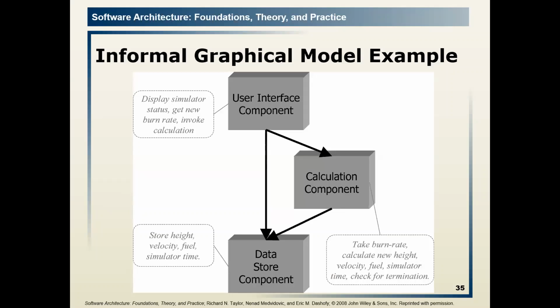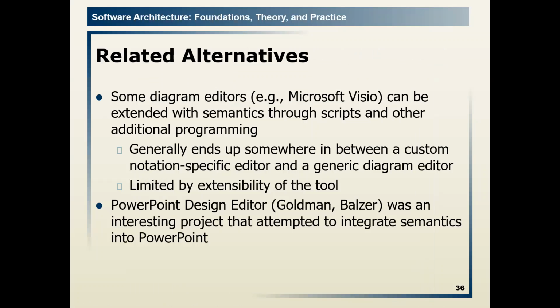There's a UI component, a calculation component, and a data store component. So this is not UML, right? But it has the required information, and it is more concise than natural language. So rather than reading a 2-page document, just looking at this, you will get the basic idea.